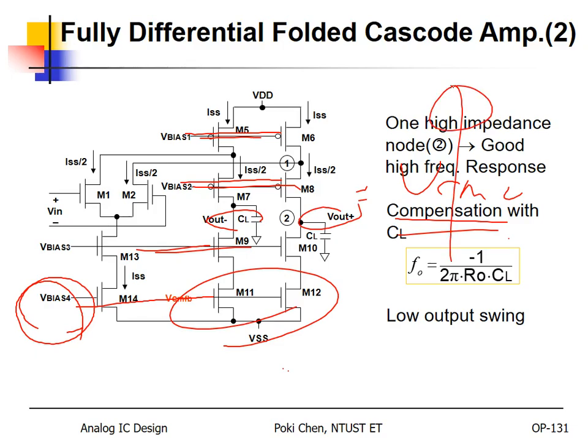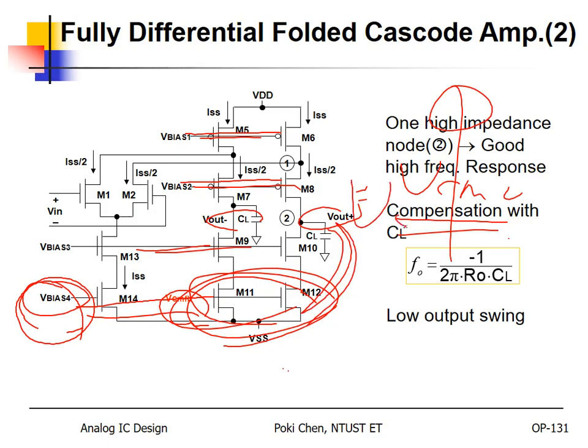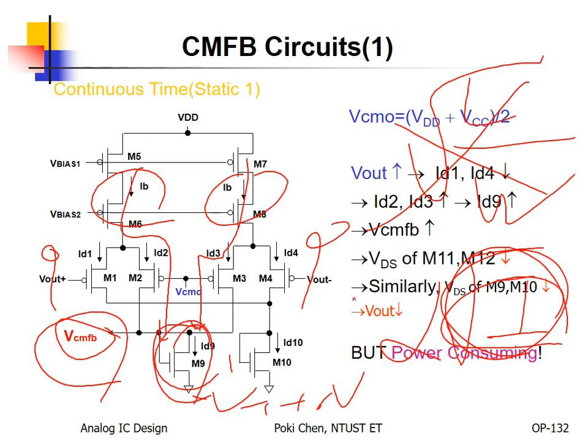And then we need to change the bias for M11 and M12. This is the reason why you cannot connect them to V bias 4. But anyway, in practice, the voltage difference between your VCMO and the V bias 4 should be kept the same.